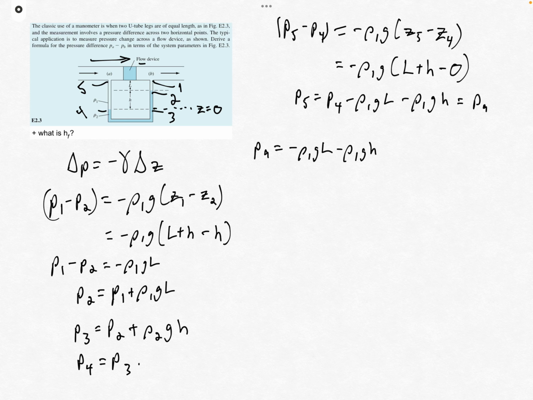P4 is just P3, and P3 is given right here, so it's going to be plus rho 2 G H plus P2, and this is P2, so plus rho 1 G L plus P1, which is at that point B, so it's plus PB.